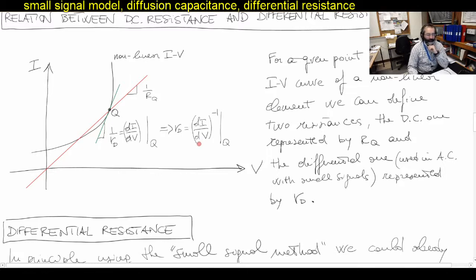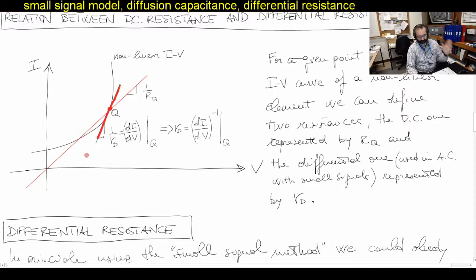In other words, RQ relates to the DC quantities identified by Q, while Rd relates to the derivative of the nonlinear curve in Q.